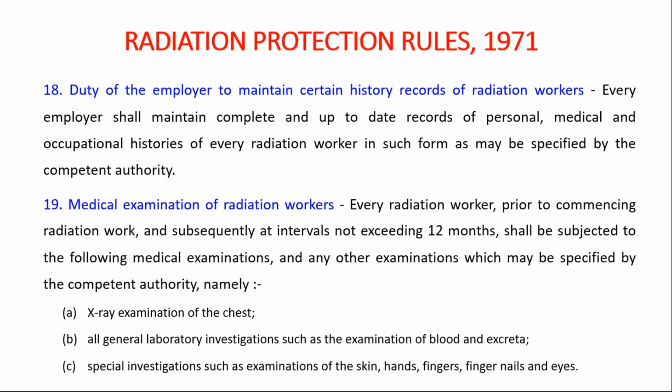So the main thing is the chest due to the X-ray, then blood, excreta, then skin, hands, fingers, fingernails and eyes, where there is a possibility of contamination by radioactive material while handling, storing or processing. So all these parts should be examined by the doctors through the medical examination.